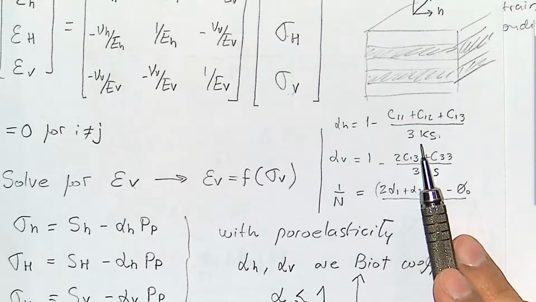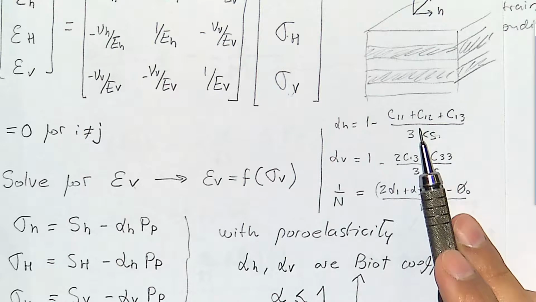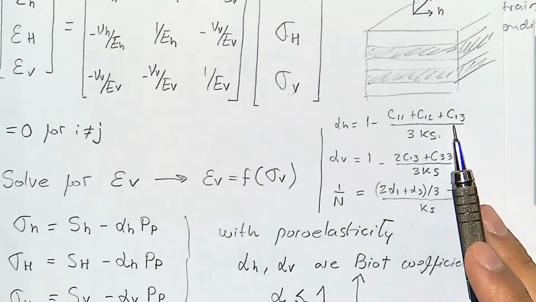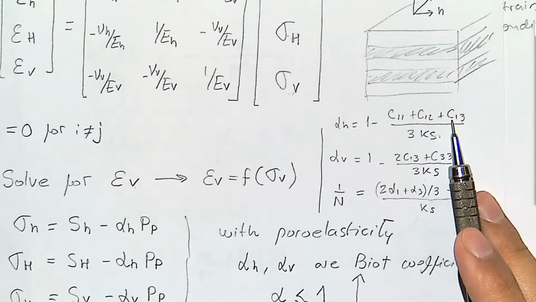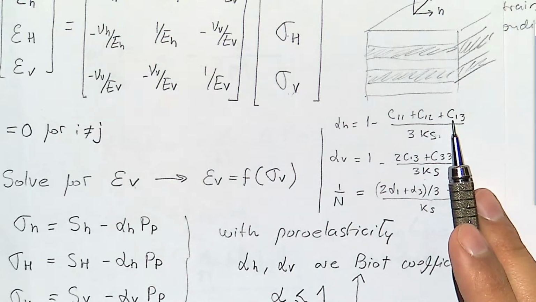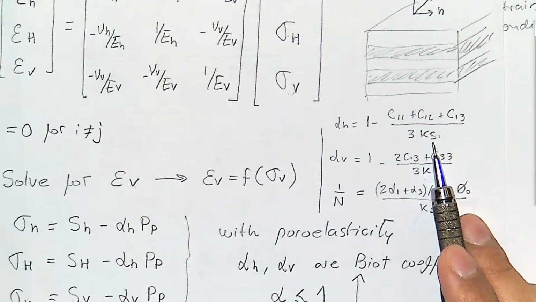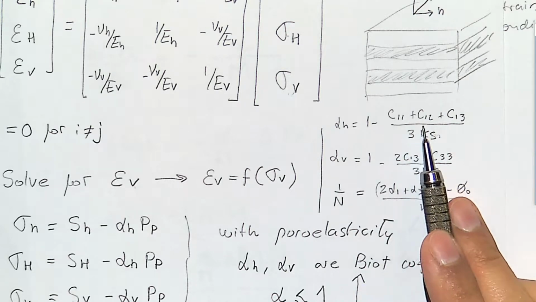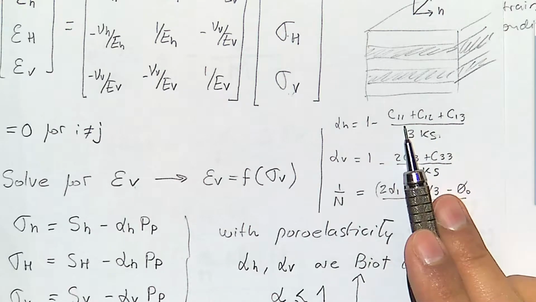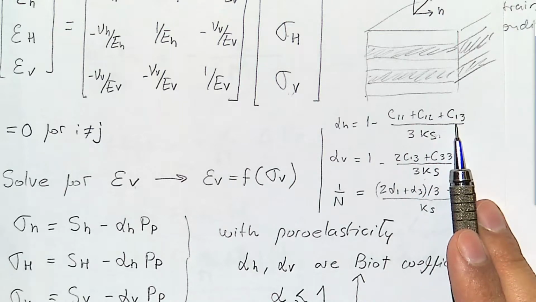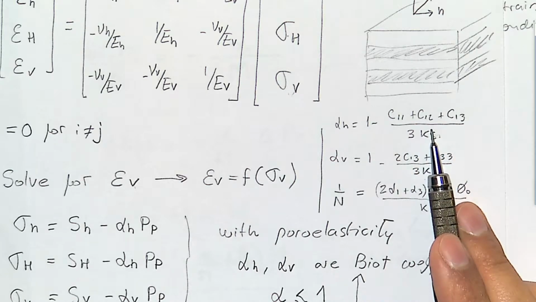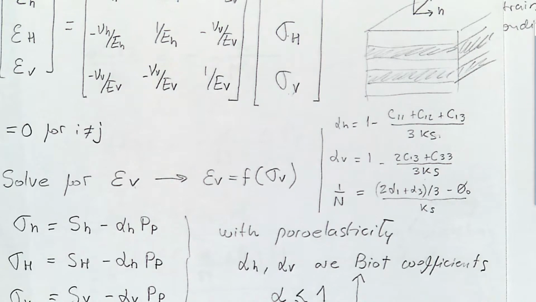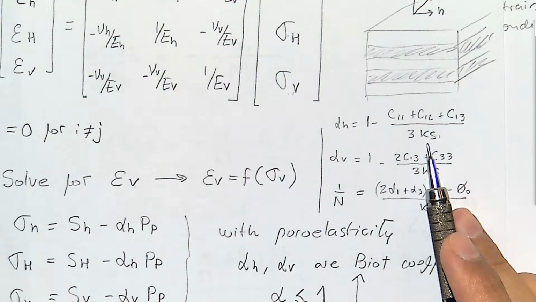Notice that you remember for a bulk porous solid, this one was 1 minus K bulk of the entire porous medium divided by Ks. Well, now you have these stiffness parameters, coefficients C11, C12, C13 divided by 3. So it's an average of the first row of the stiffness matrix. And this is for the horizontal.